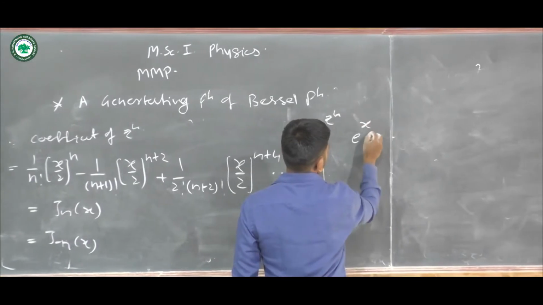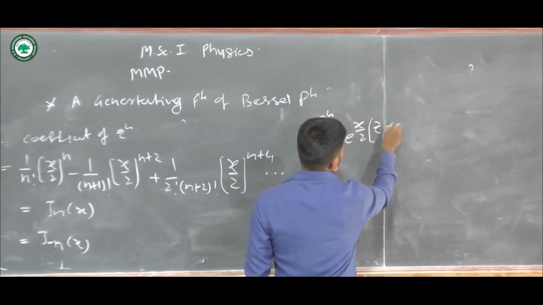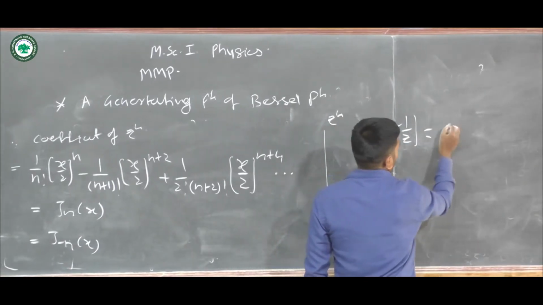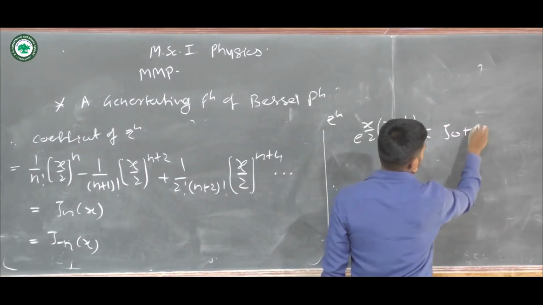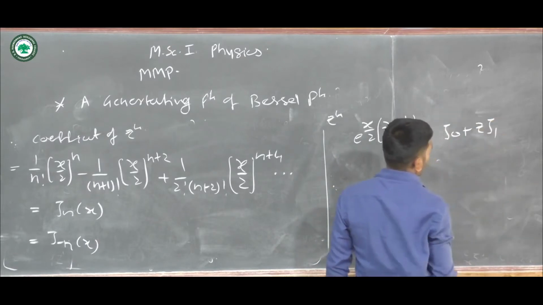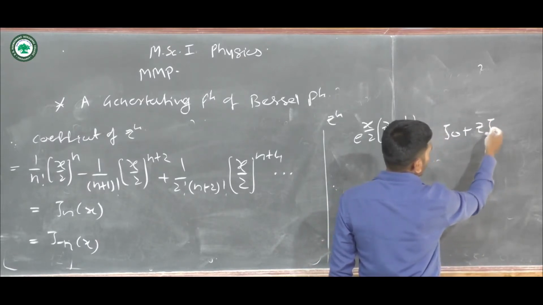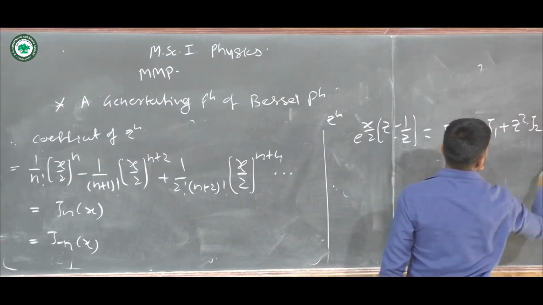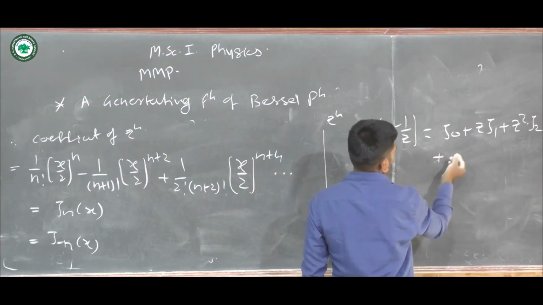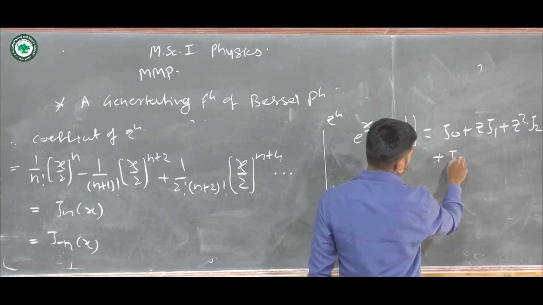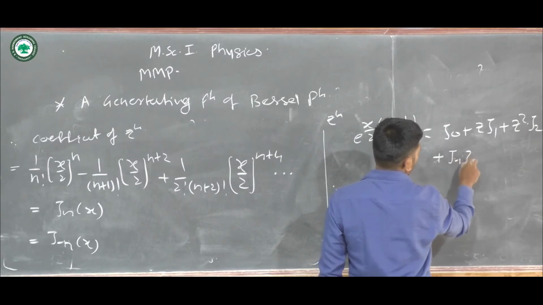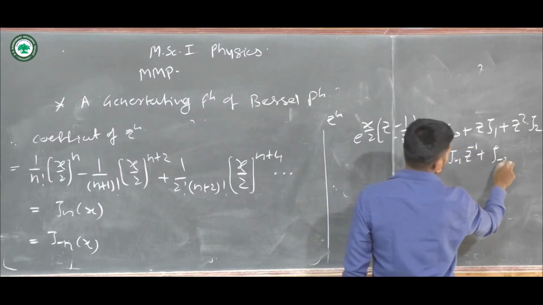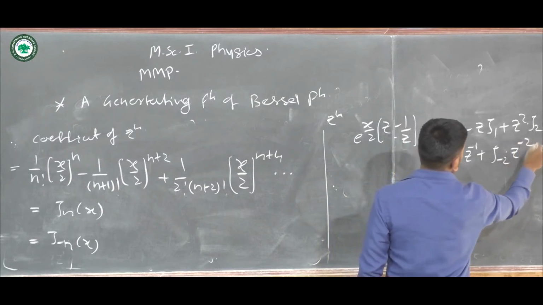Now e raised to x by 2 into (z minus 1 by z) is equal to, we can write, z power 0 into J0 plus z power 1 into J1 plus z square into J2 and so on, plus z power minus 1 into J minus 1 plus z power minus 2 into J minus 2 and so on.